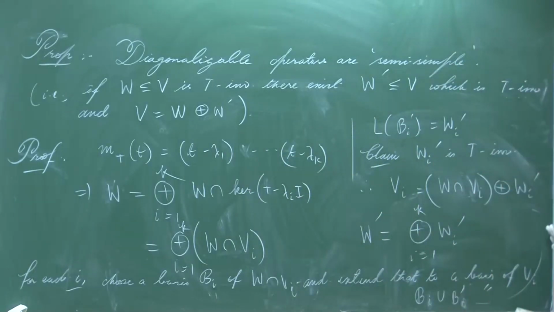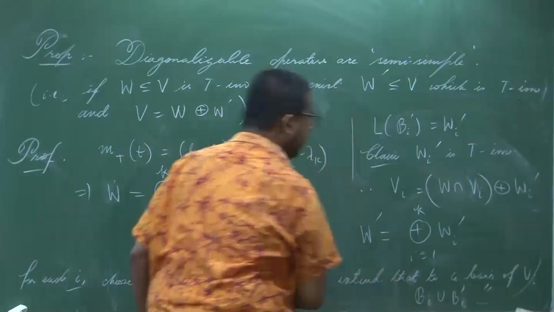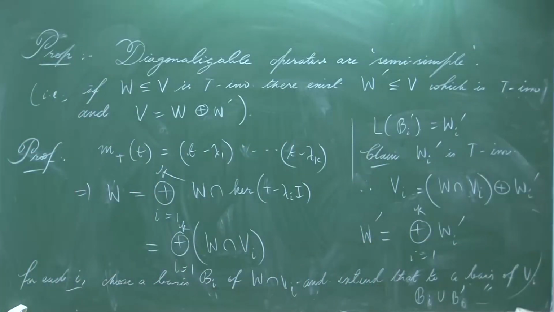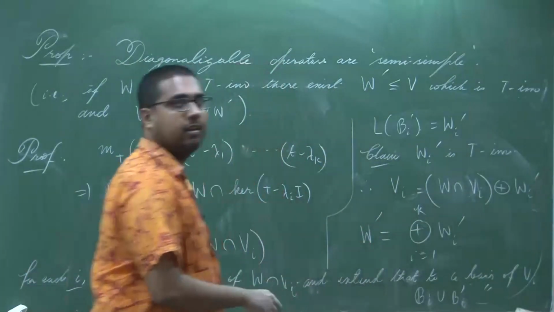So, the sum of these Wi primes is going to be W prime. Since each Wi prime is T invariant, W prime is T invariant. I hope that is clear; let me quickly go through the proof once again, then I will go ahead.